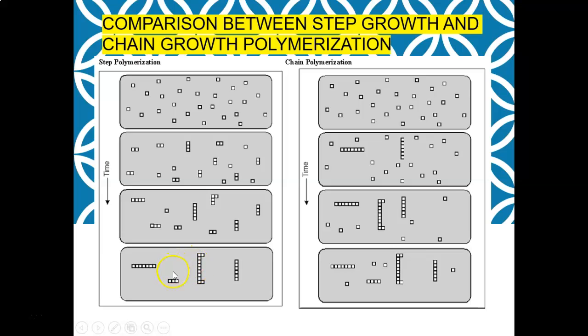At the end of the reaction, the polymer is produced. In chain growth, high molecular weight polymer is produced continuously, even at the early stage of the reaction, until the termination process is completed.